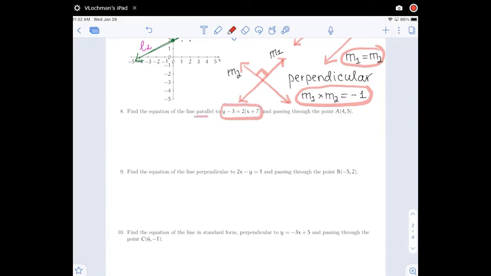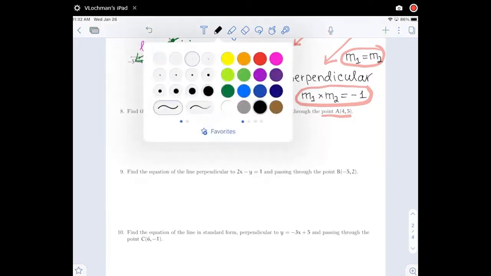I'm highlighting the keywords and passing through the point A with coordinates 4, 5. Okay, so they want us to find an equation of a different line, right? This is a different line that's parallel to this one, and it also goes through this point. So there are some conditions here that we need to take care of.